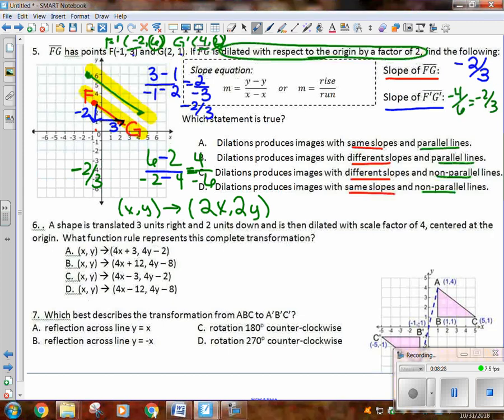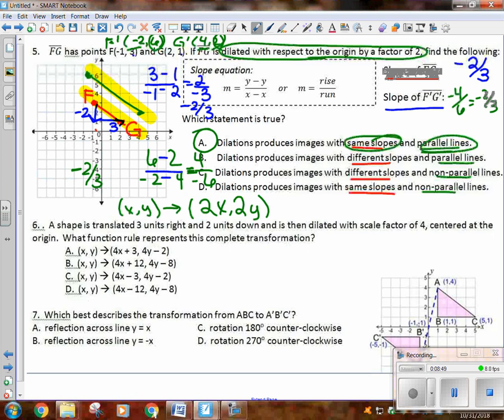So guess what? They have the same slopes, and they're also parallel. So dilations do produce images that have the same slopes and parallel lines. Remember, when you just dilate, you're not twisting, you're not flipping, you're just making it bigger, so it should look very much the same.